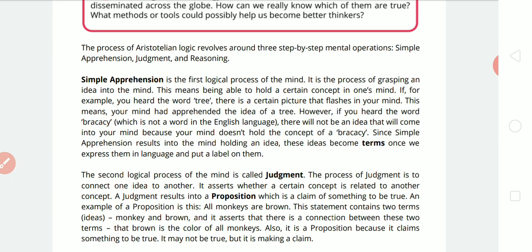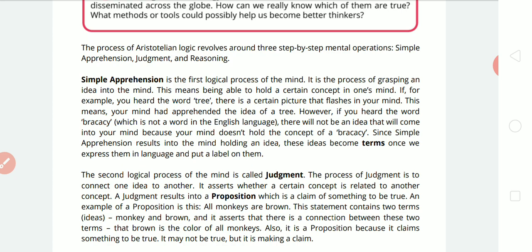Now, since simple apprehension results in the mind holding an idea, these ideas become terms once we express them in language and put a label on them.